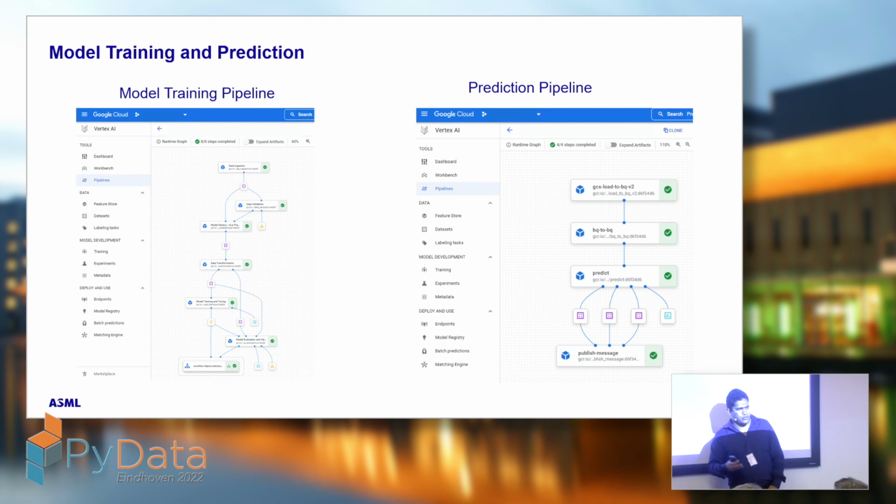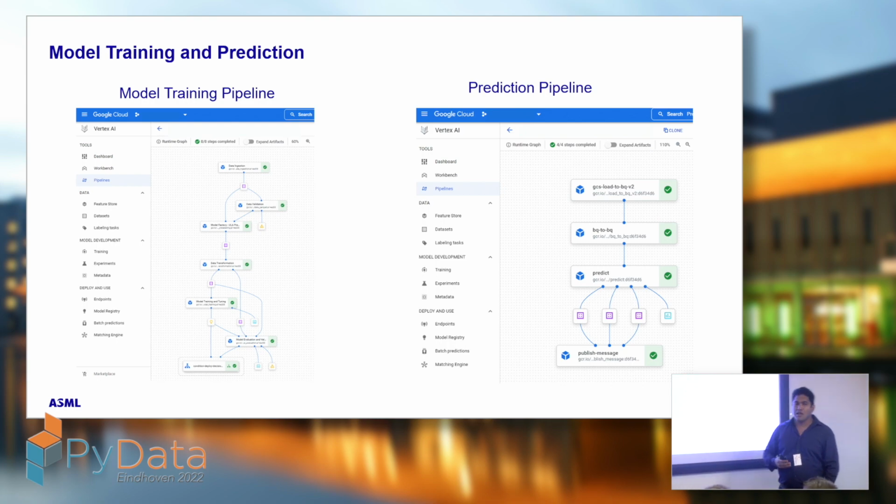So there are multiple scenarios, I wouldn't call it AutoML, but there are multiple machine learning algorithms. We would like to try it out with multiple hyperparameters, and we spit out the best model. And then we would like to use those best models in the prediction pipeline, the pipeline that is for a specific failure mode. It is predicting the output, which will be published towards the dashboards, where the output will be used by our field service engineers.